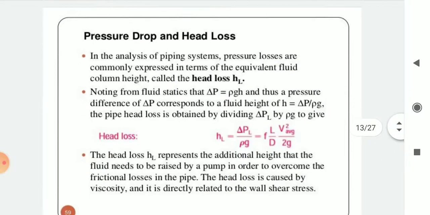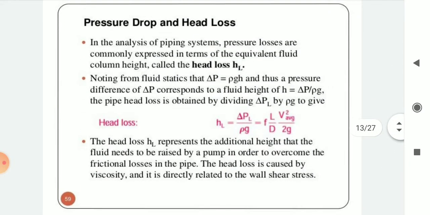In the analysis of piping systems, pressure losses are commonly expressed in terms of equivalent fluid column height called the head loss, that is, small hL. Noting that from fluid statics ΔP = ρgh, a pressure difference of ΔP corresponds to a fluid height of h = ΔP/ρg.